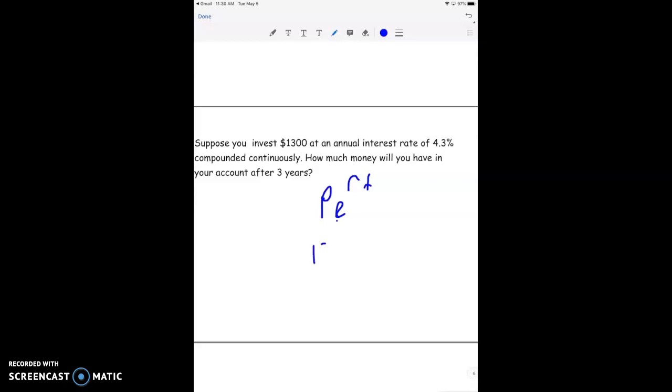So we invested 1,300. E is our function. And then the rate is 4.3. Again, move the decimal place twice, so I have 0.043. And then we want after 3 years, so multiply that by 3. So there's what we're going to type into our calculator. Again, straightforward.